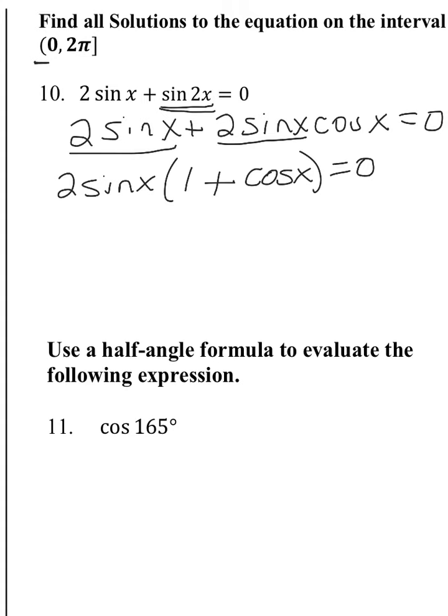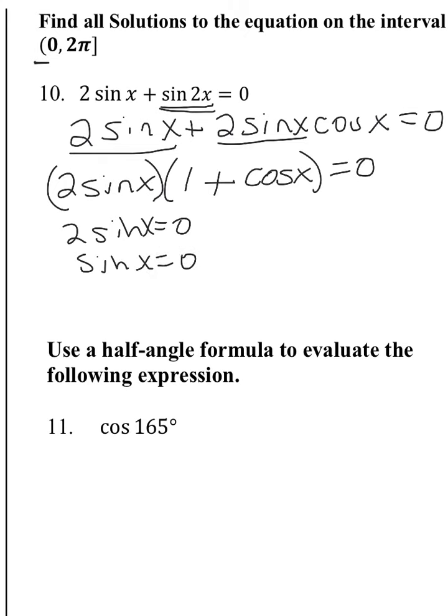So I have 2 parts here that I need to solve for, just like with quadratics when we had 2 factors that we needed to solve both sides for. So let's do sine first. 2 sine x equals 0. So divide by 2, I get sine x equals 0.